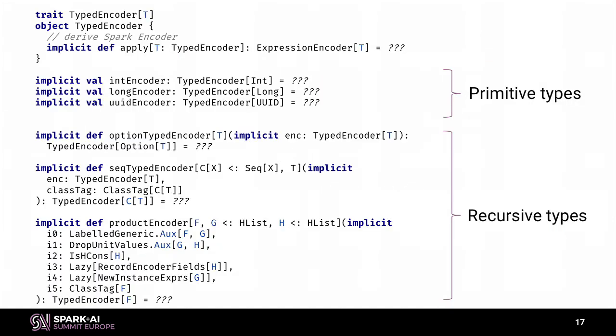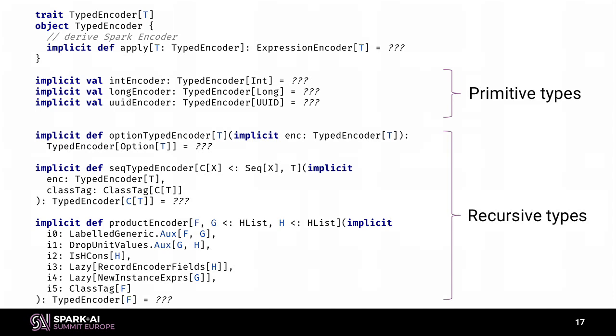So this is how it would look like if you write it. We create this typed encoder type class, and we have these primitive type encoder instances for our primitive types. It would be very similar to how it looks like internally, but these recursive types would rely on implicit resolution, recursive implicit resolution.